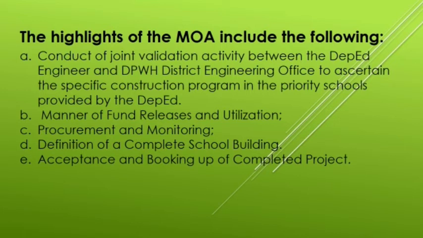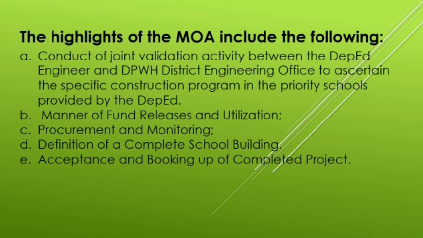So now the highlights of the Memorandum of Agreement or the MOA include the following. A. Conduct of joint validation activity between the DepEd engineer and DPWH District Engineering Office to ascertain the specific construction program in the priority schools provided by the DepEd. Then, the manner of fund releases and utilization. After that, there will be procurement and monitoring.